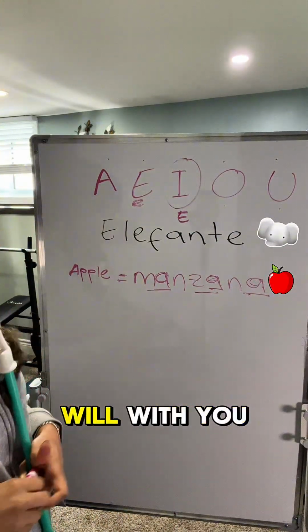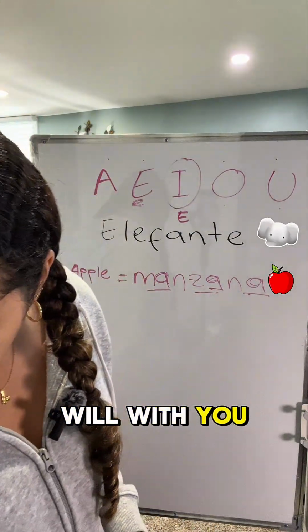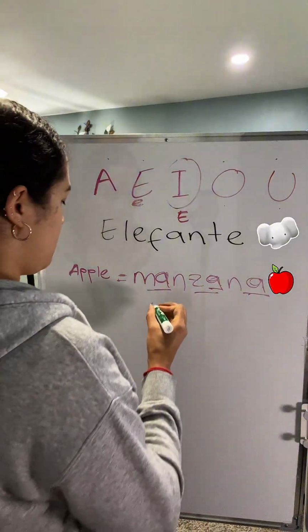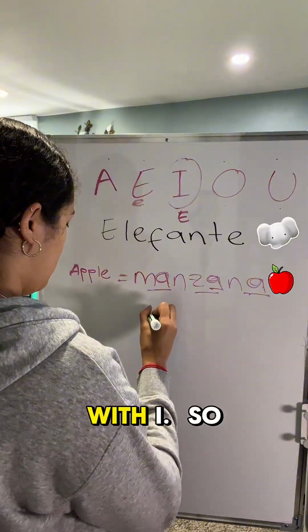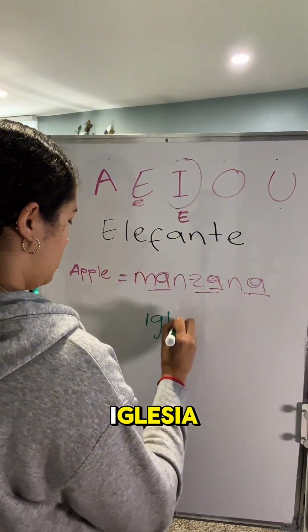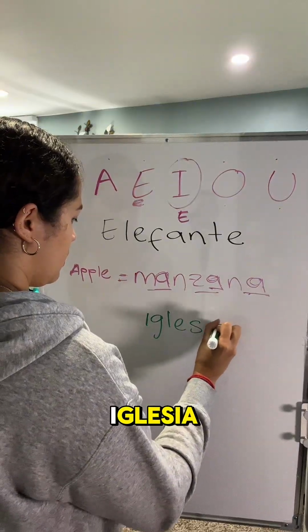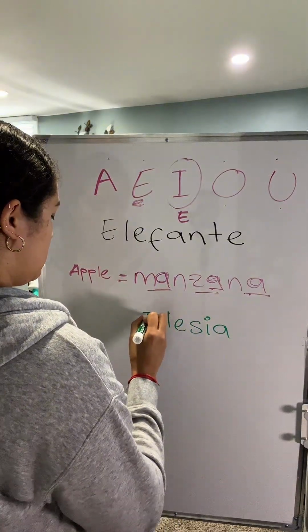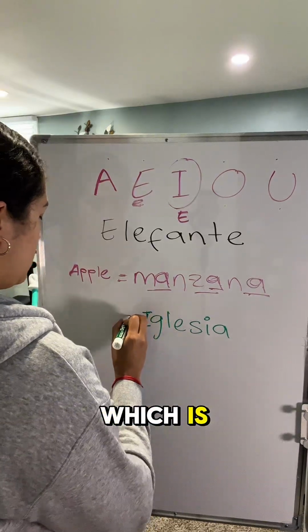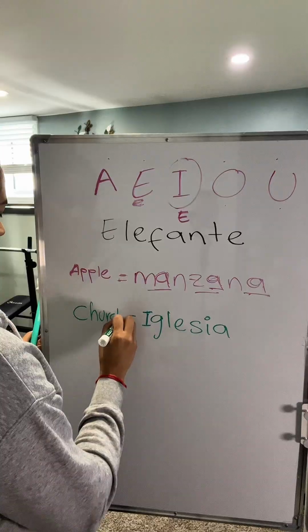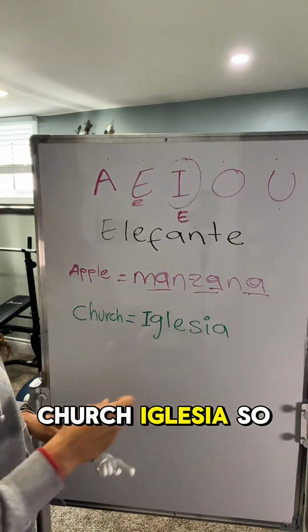An example with E, I mean, I. So, iglesia, which is church. Church, iglesia.